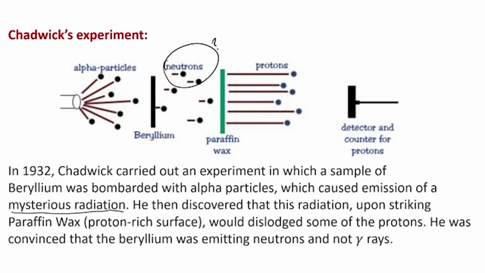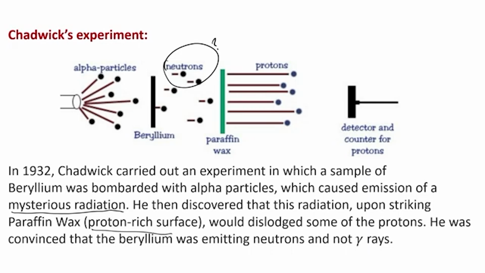To eliminate the possibility that he was really getting gamma rays, he made the emergent particles incident on this paraffin wax, which has a lot of protons. So, it is a proton rich surface, and this would have dislodged some of the protons because of this highly energetic radiation, and these emerging protons were later detected by this detector.